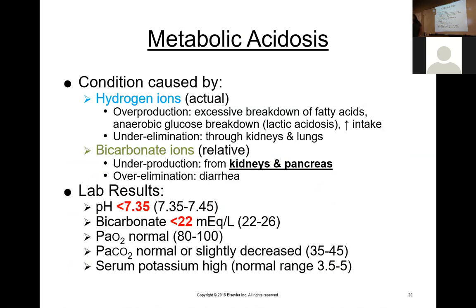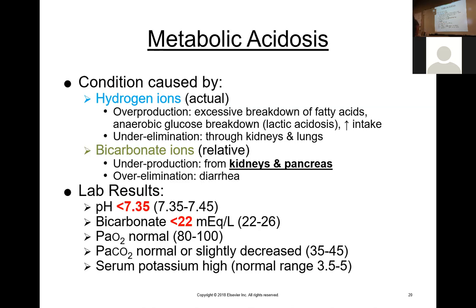There are different things that can cause that. Excessive breakdown of fatty acids, where we can start to have issues like diabetes, under-elimination through the kidneys or the lungs, where we're retaining an acid, or we can have underproduction of bicarb.